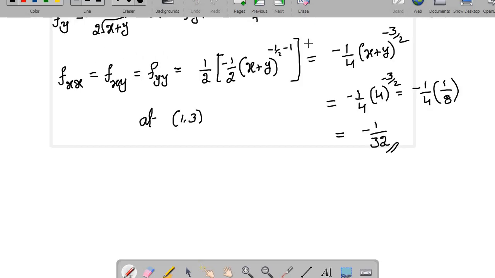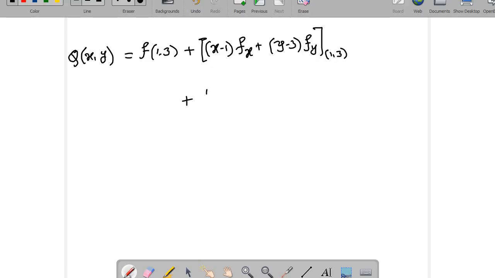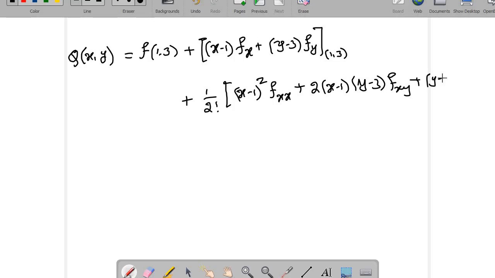So f at the given point, first let me write the formula, that is f at (1, 3) plus (x minus 1) times fx plus (y minus 3) times fy, and you're going to take the partial derivatives at (1, 3), plus 1 by 2 factorial times (x minus 1) whole square times fxx, plus 2 times (x minus 1) into (y minus 3) fxy plus (y minus 1) whole square times fyy, and you're going to take the partial derivatives at (1, 3).